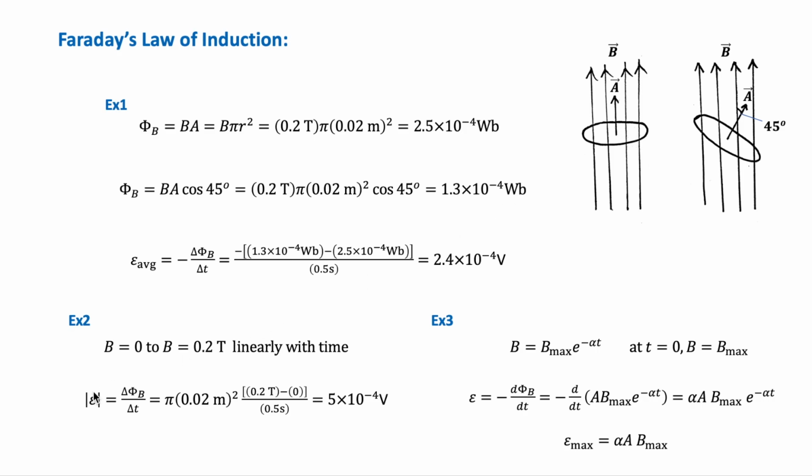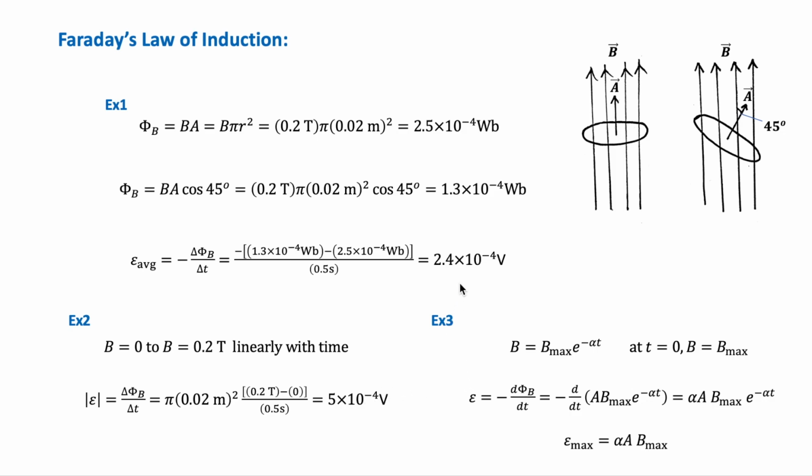So the absolute value of the induced electromotive force is equal to delta phi B over delta t, which is equal to the area A, which is pi r squared, times B final minus B initial over the time, 0.5 seconds. And the angle is 0, so cosine 0 is 1. And therefore, we get this induced electromotive force, 5 times 10 to the minus 4 volts.